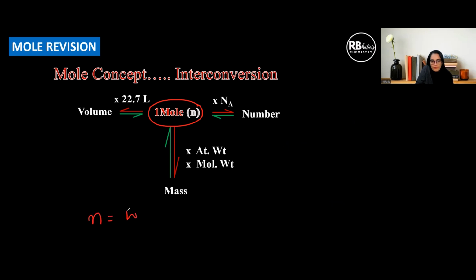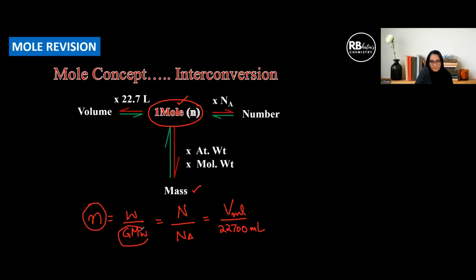See, the formula is number of moles is equal to given weight upon gram molecular weight, number of molecules upon Avogadro number, or volume in ml upon 22700. Right? So which means if I want to convert moles to mass, what do I do? W is going to be number of moles into gram molecular mass.